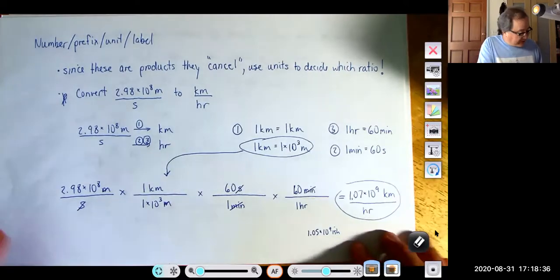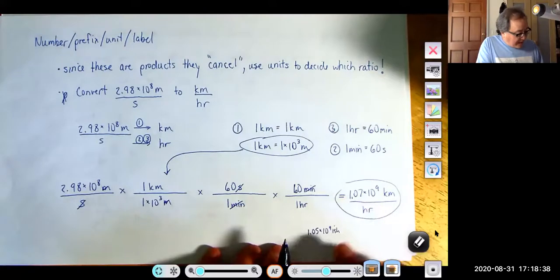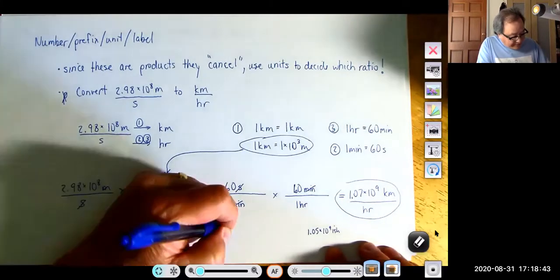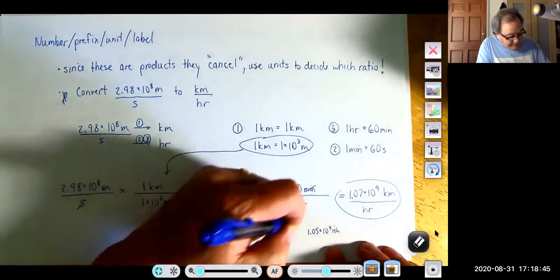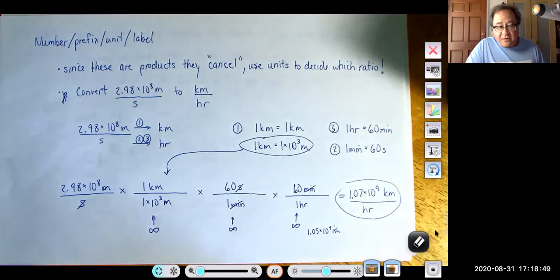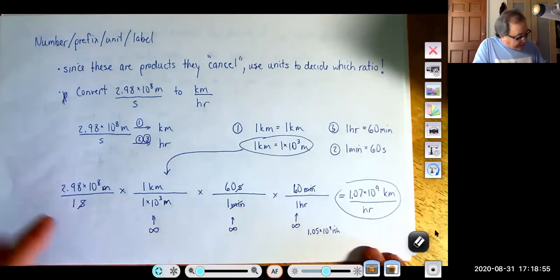So I plug all the numbers in, and I actually get this. How many sig figs here? Infinite. How many sig figs here? Infinite. How many sig figs here? Infinite. Why are these all infinite sig figs? And the answer is because they're all defined. Now, we know that this is a 1 second, and we know this is not defined.